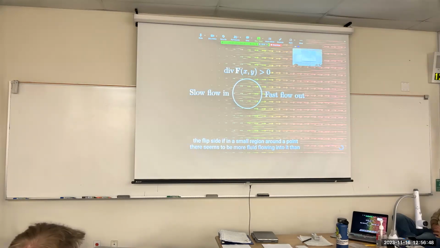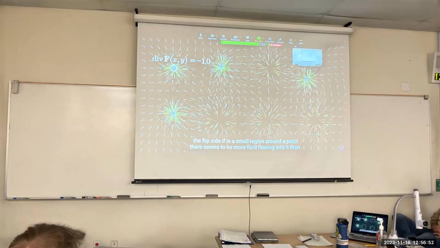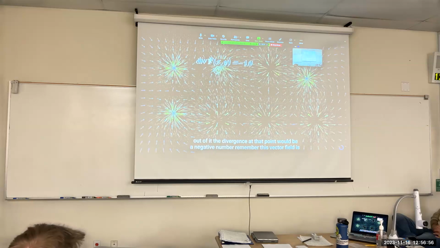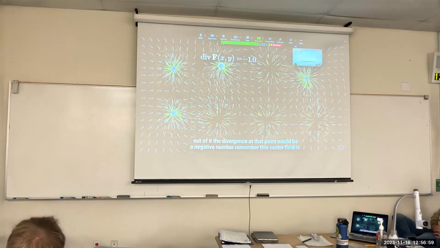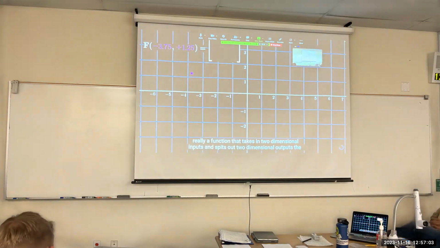Now on the flip side, if in a small region around a point there seems to be more fluid flowing into it than out of it, the divergence at that point would be a negative number. Remember, this vector field is really a function that takes in 2-dimensional inputs and spits out 2-dimensional outputs.